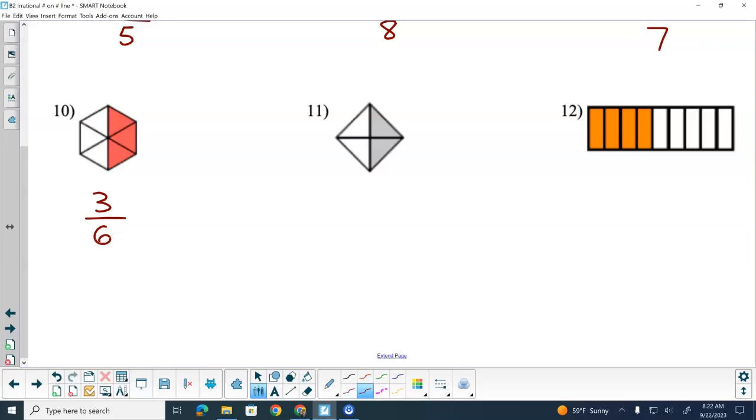Total pieces? 4. So 2/4. Yep. 4/4 would be the whole thing shaded, right? Which could happen. We could ask for the whole thing. Number 12. How many total pieces? 9 total pieces. How many shaded? 4. So 4/9.